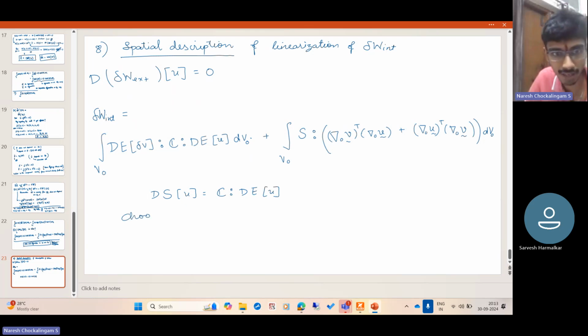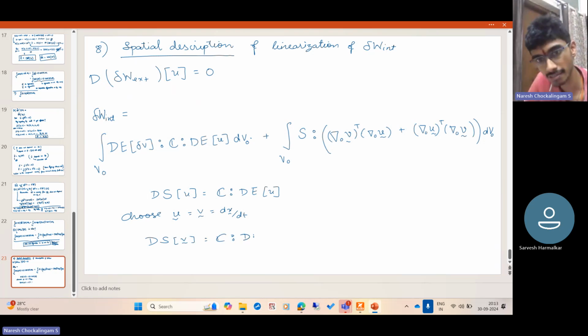If I choose U to be the velocity vector, then I get the directional derivative of S in the direction of velocity is equal to C double dot directional derivative of E in the direction of velocity. But we just proved that for any tensor, the directional derivative in the direction of velocity is S dot. So S dot is equal to C double dot E dot. Okay, so this is fine.